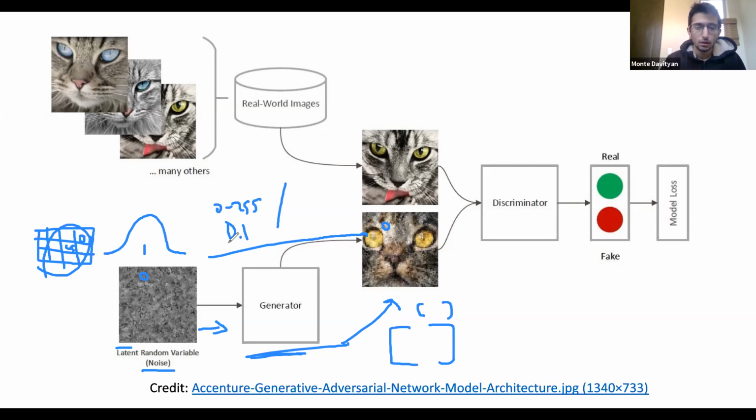So 0.1, let's say. And it starts off randomly, but then it's transformed into a pixel, and it means something. We can see here a pretty good representation of a cat. And this is what the generator generated.